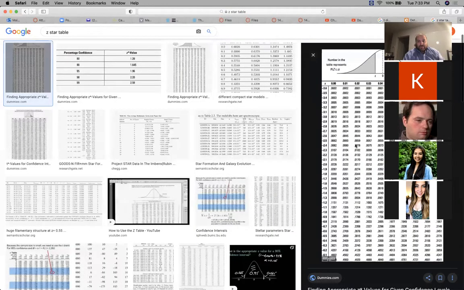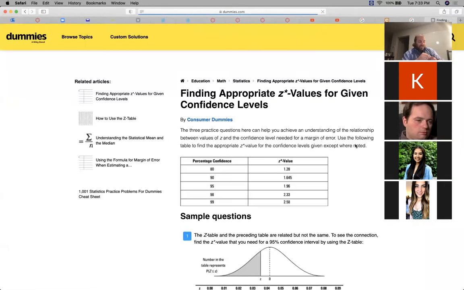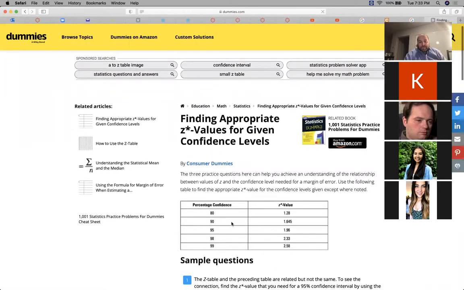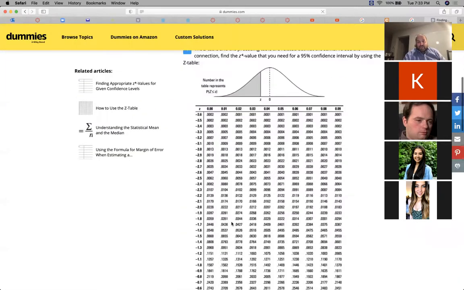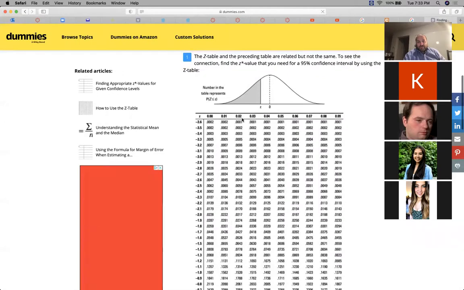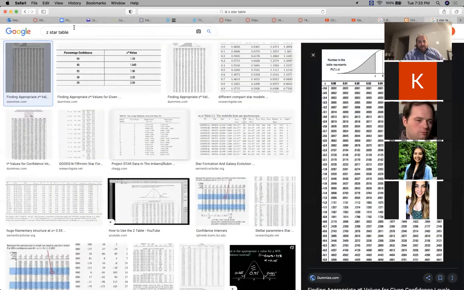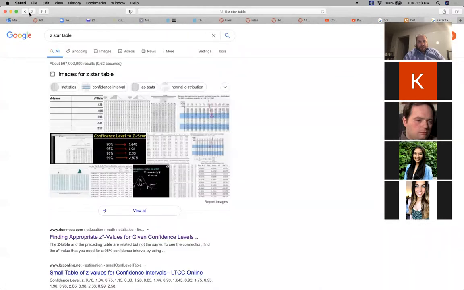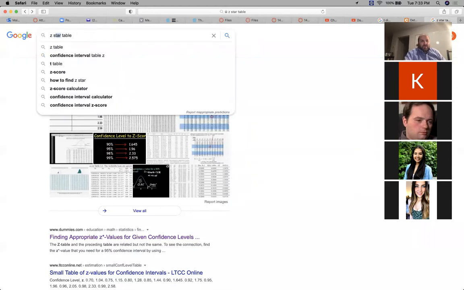What do you think happens to your T star value as the sample size gets larger? Let's take a look at a Z star. Okay, so this is not the one I want. Images for Z table, let's say Z table.